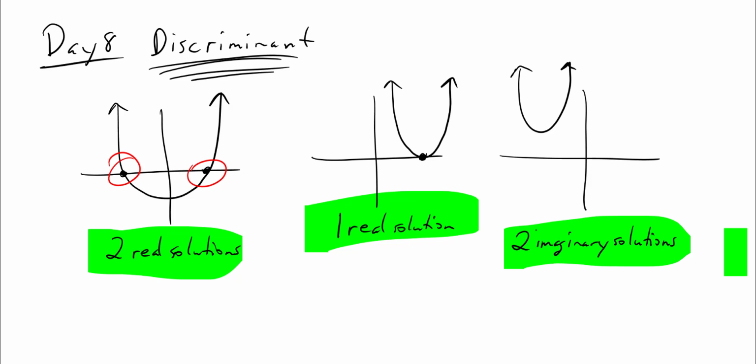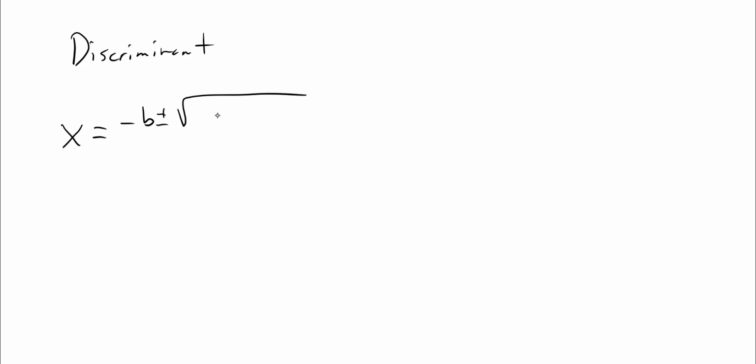Okay? So let's start out with how you find the discriminant. Let me clear this off here. First of all, I'm going to write out the quadratic formula. x equals the opposite of b, we talked about this yesterday, plus or minus the square root of, and I'm going to do this in a different color, b squared minus 4ac, all over 2a.